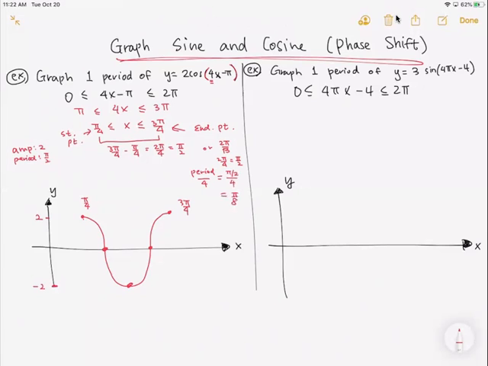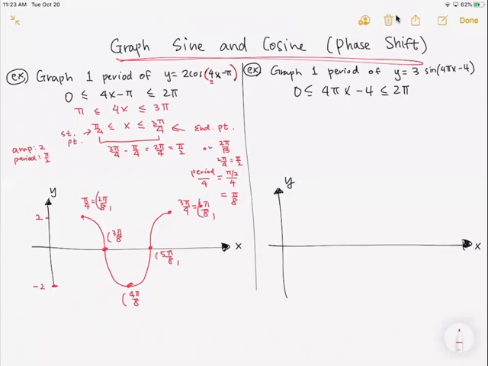So I'm going to add pi over 8 to pi over 4. So if I make this as 2 pi over 8, and if I add pi over 8, I'm going to get 3 pi over 8, 4 pi over 8, 5 pi over 8, and then is that equal to 6 pi over 8? Yes, it is, right?